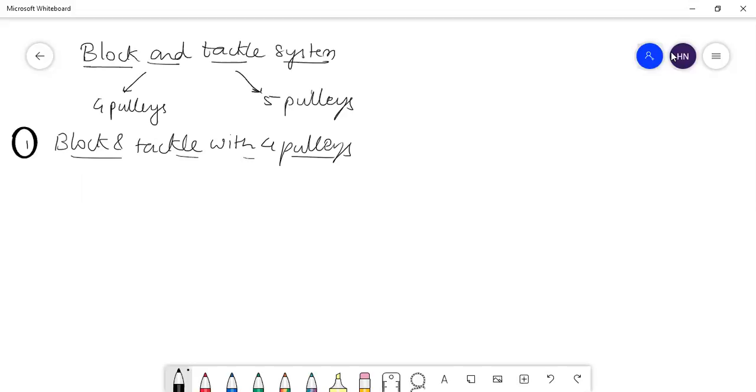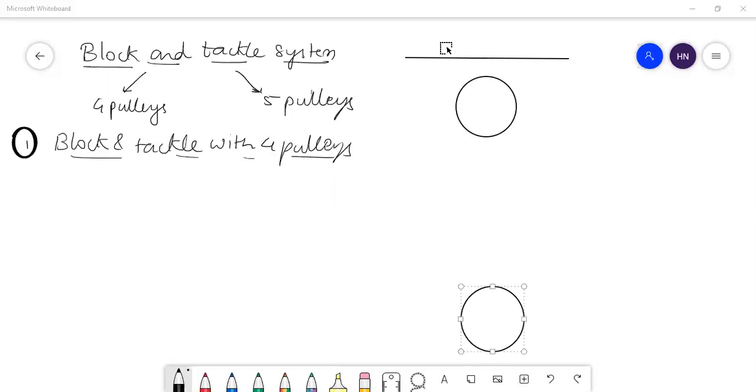Whenever we have 4, it's an even number, so it will be distributed into 2 frames equally. While making the diagram, this is your first. In a similar way you can make the second one of the same size, and then you can use a smaller pulley of the same size.